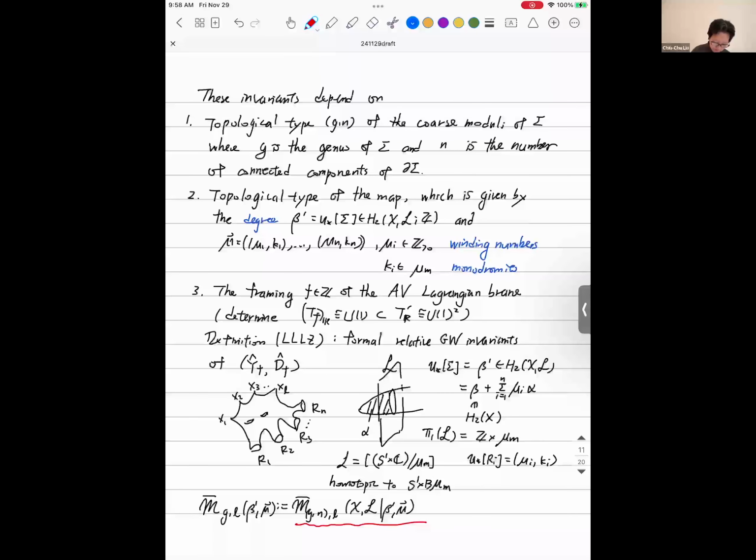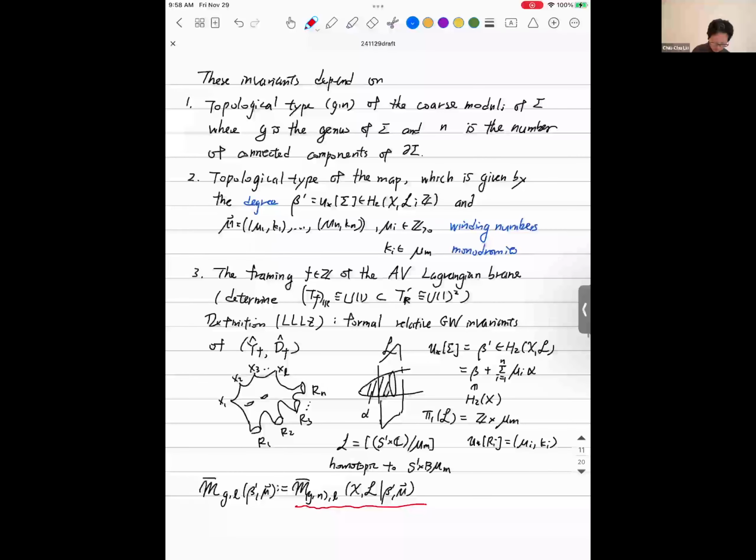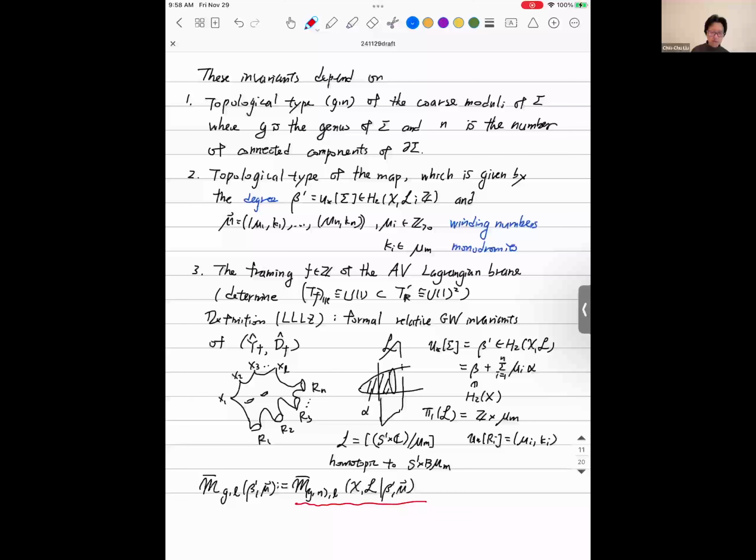This is kind of long, so let's introduce some shorter notation. Since we are fixing X and L, we omit X and L. Also the number N is determined by the number of components of this mu, so we don't need to specify N. So when we fix all this topological type of the domain and the map, we have this moduli space.